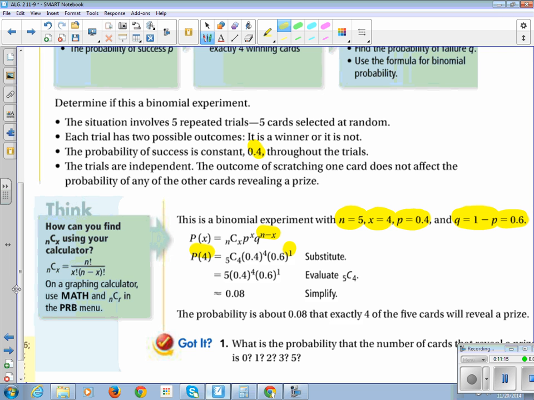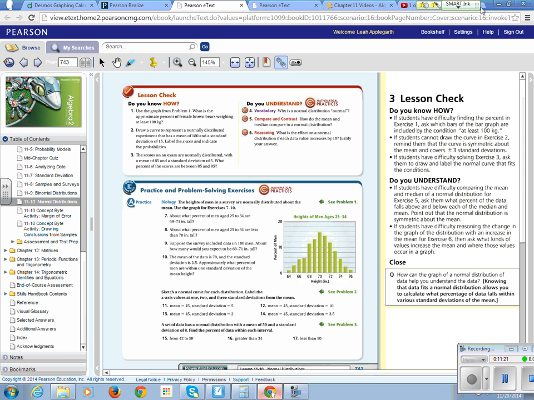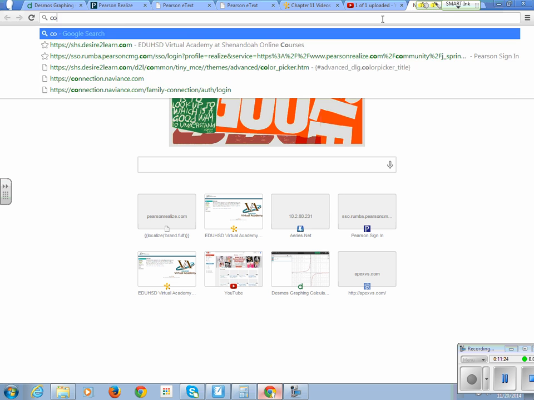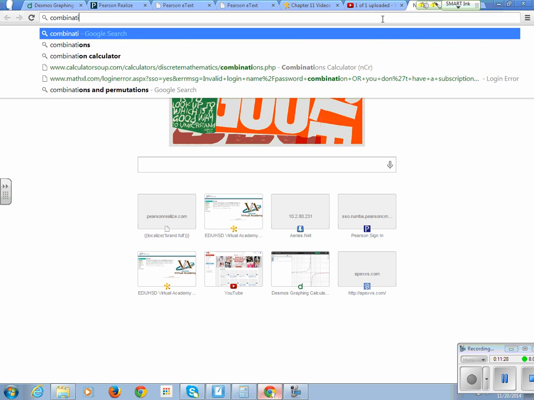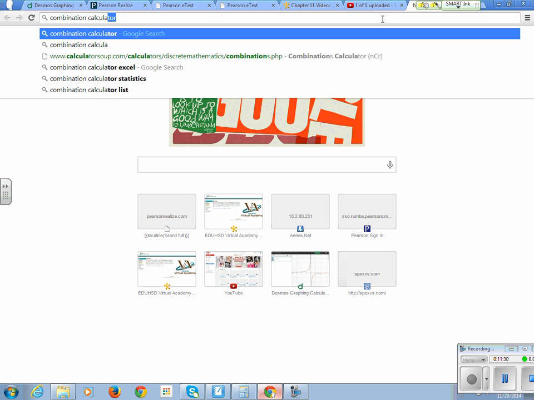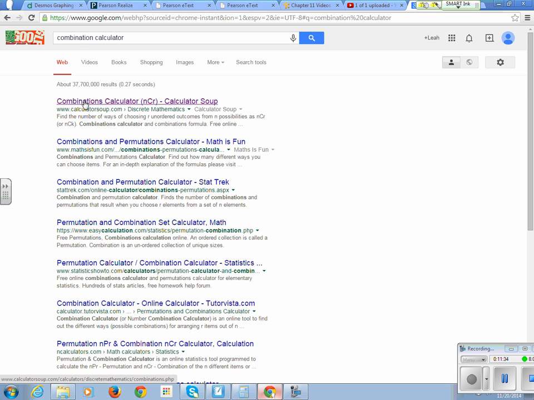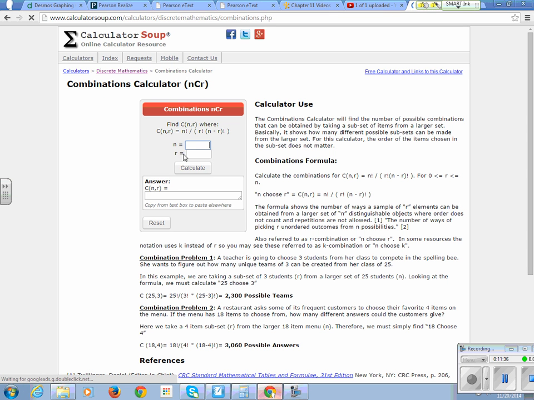So when I'm not near my graphing calculator, to get 5 choose 4, you can definitely go to a combination calculator. And I've already used it.